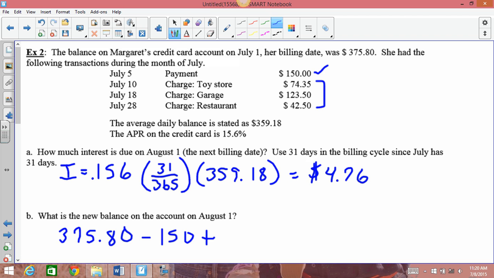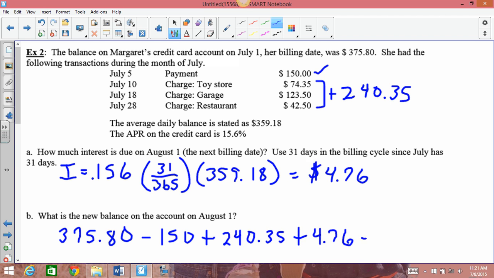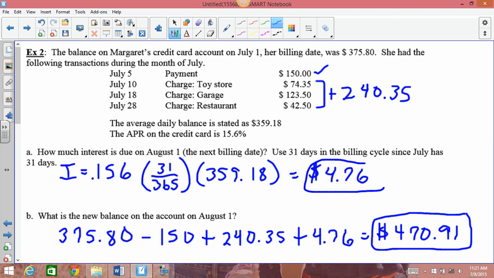What I'd recommend, I probably should have said this from the top, take those three values and add them together first, so that you have that number, and you should find that it's $240.35. So I can come down here and just add one number. So I'm adding $240.35 in charges, and then I have to add in my interest. Of course, we have to pay interest. So do the addition and subtraction. Now the new balance on the card is $470.91. Final answer. Box in, those are my two answers that I needed there.